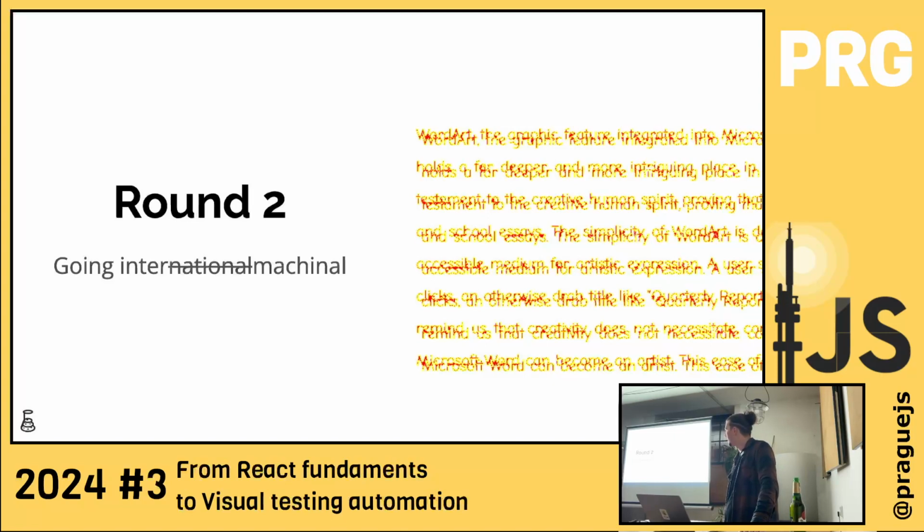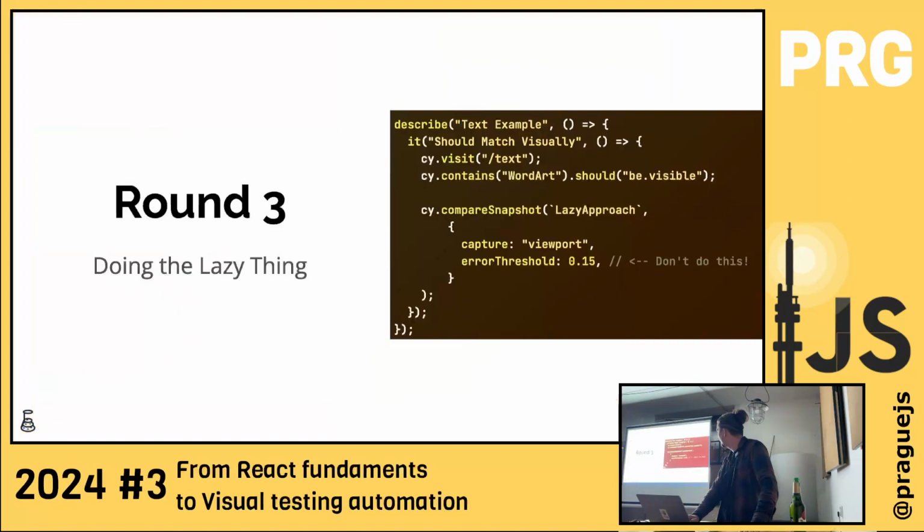Yeah, that depends. With the error threshold, you have to find the sweet spot, because for the static side, you can go as low as 1%. But when you start to introduce the motion elements, like I did in there as well, you have to either hide them to improve your flakiness, or raise the threshold incrementally.